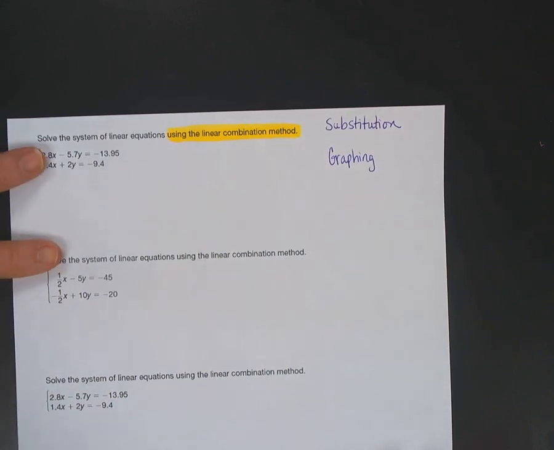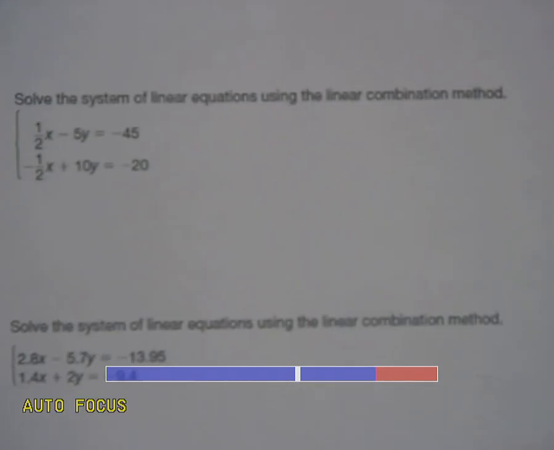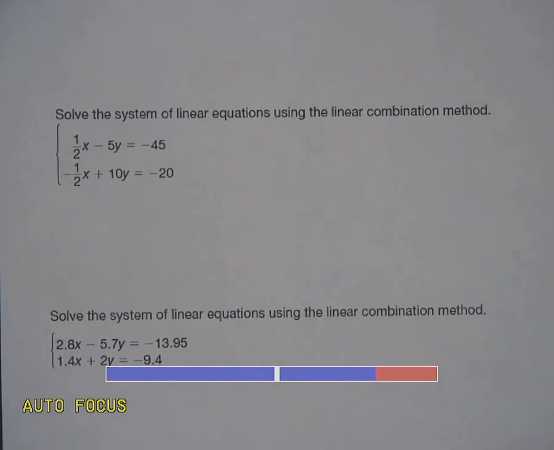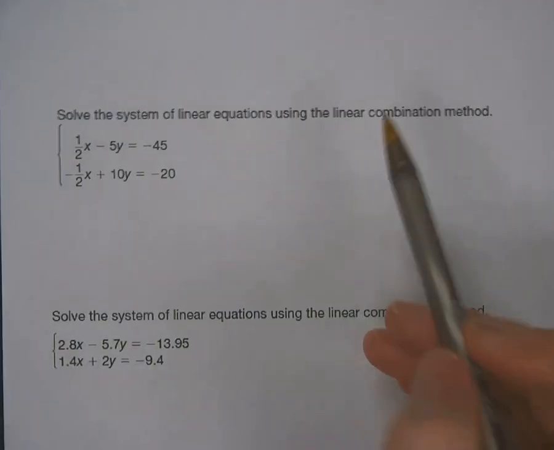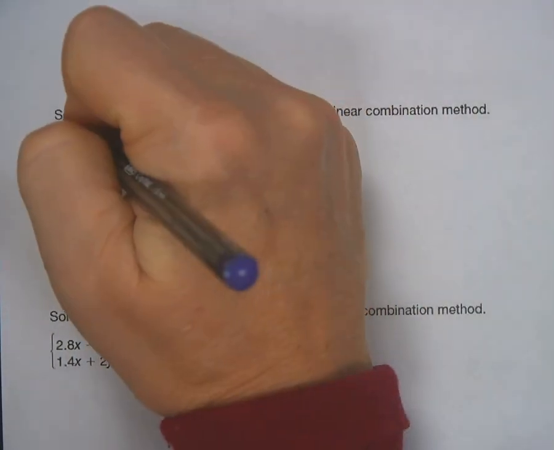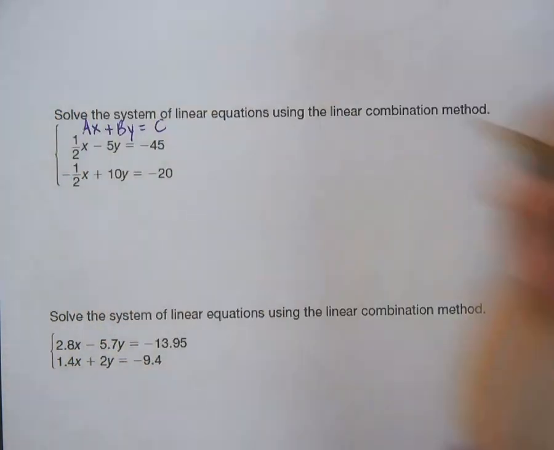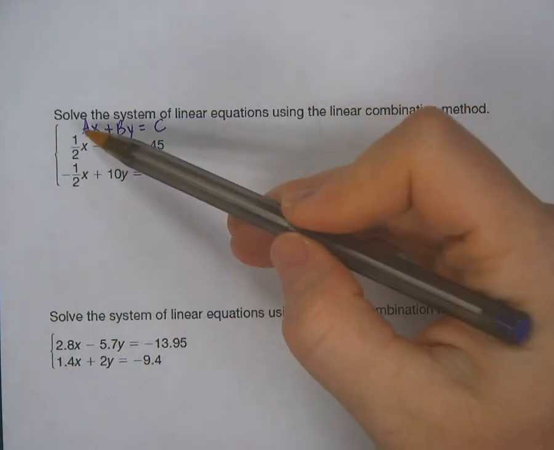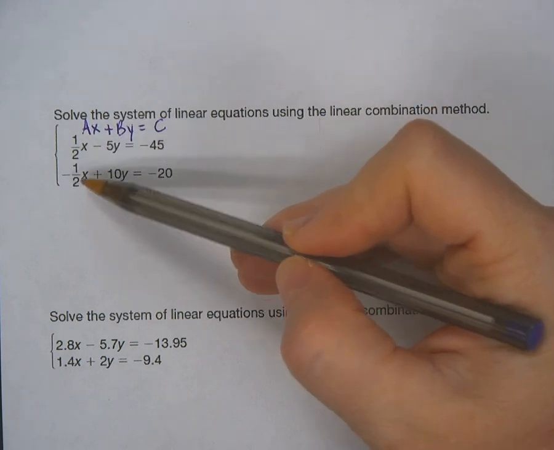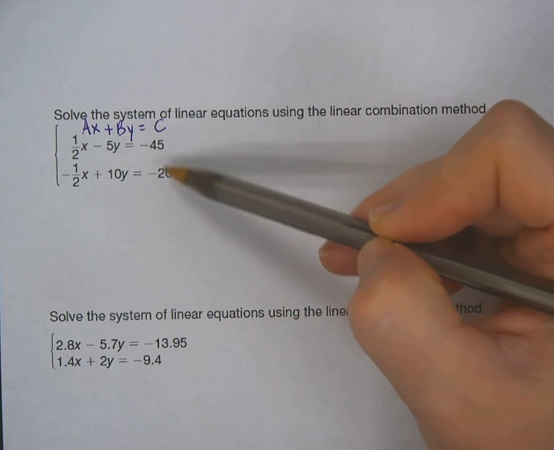So for these two problems, we're going to go to the second one first because I think it's a little bit easier explanation. What you want to notice with linear combination is both of the equations have to be written already in what we call standard form. Standard form just means that it's the x value added to the y value equal to the constant.